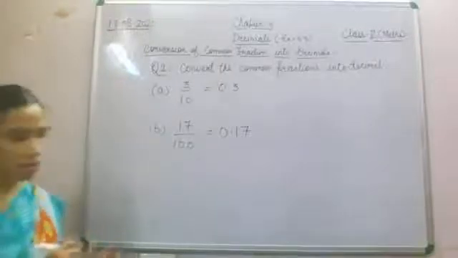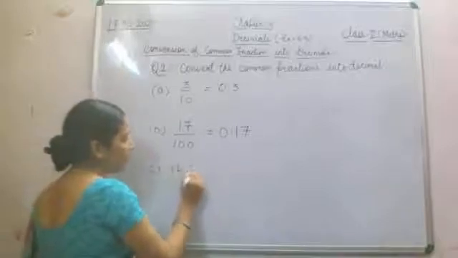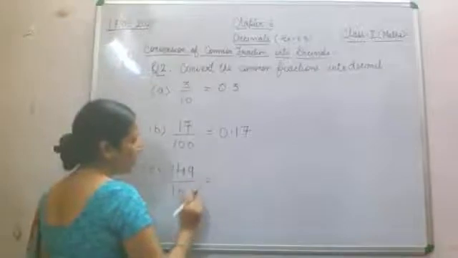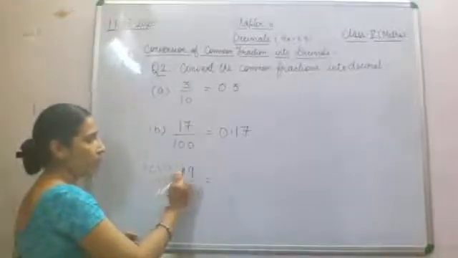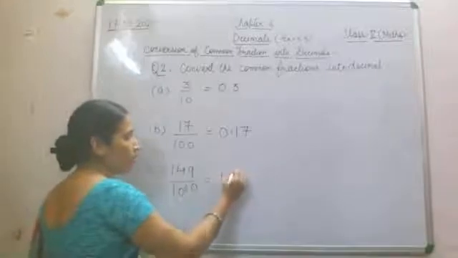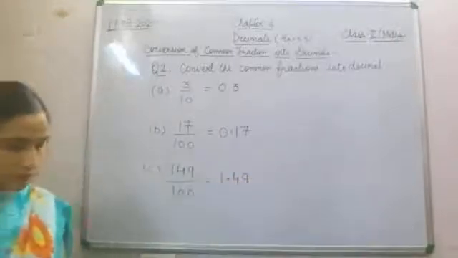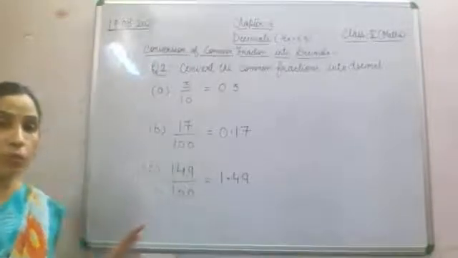Now next is C part, that is 149 divided by 100. So here we require 2 decimal places. We will count from the back 1, 2 and we will put a point here: 1.49.